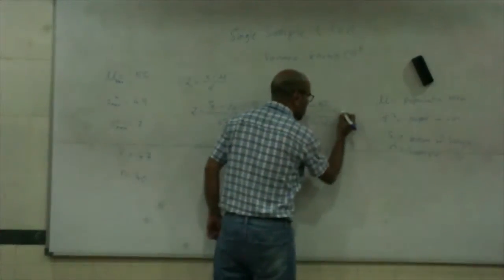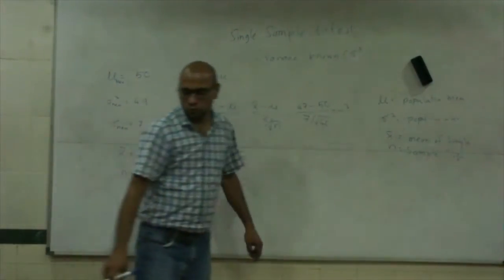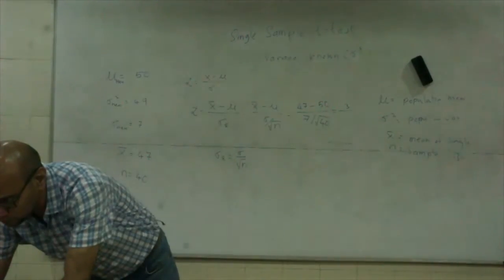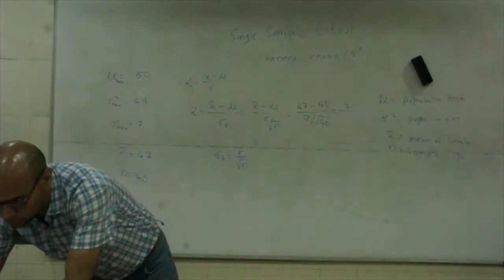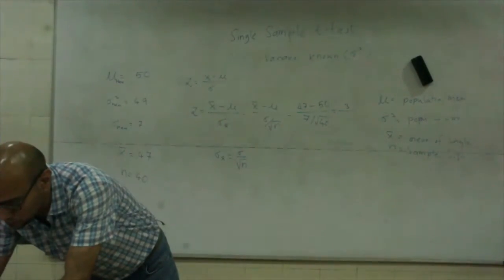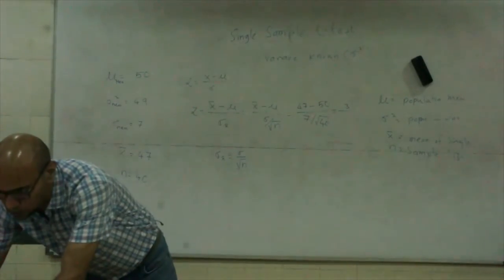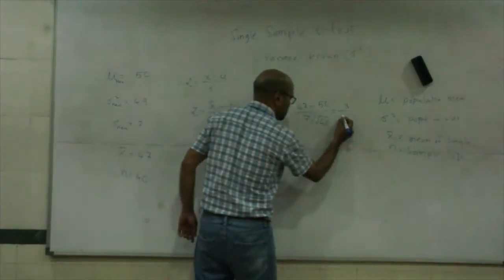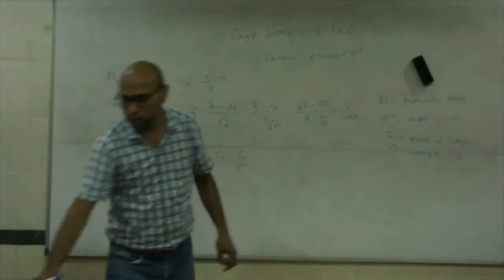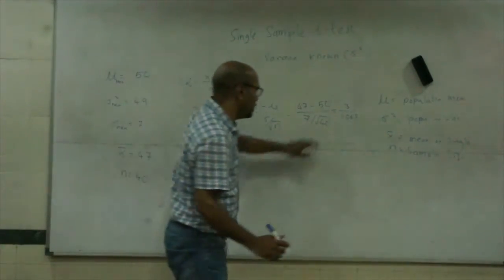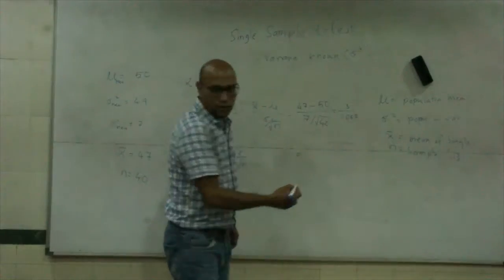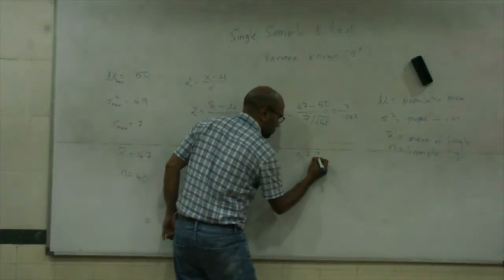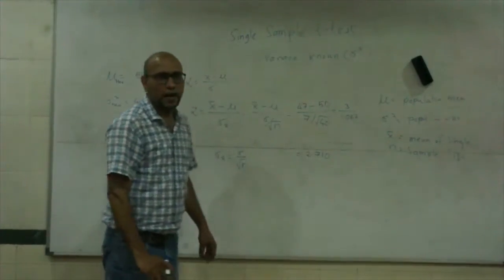So this is 3 divided by 7 upon square root of 40. Have you done that? 7 upon square root of 40 is this value, which is equal to 1.067. So z is 3 upon 1.067, which is equal to 2.710. Right? This is the value that I have obtained.